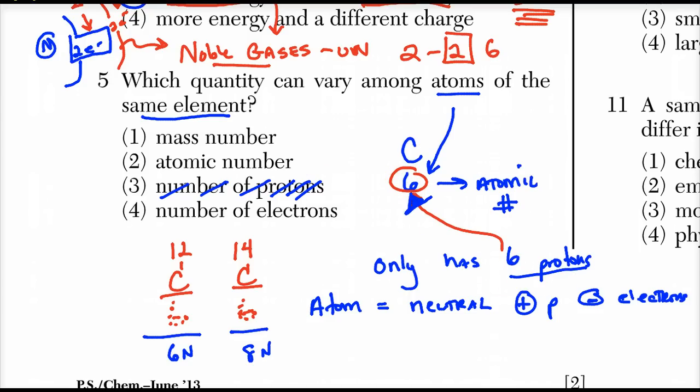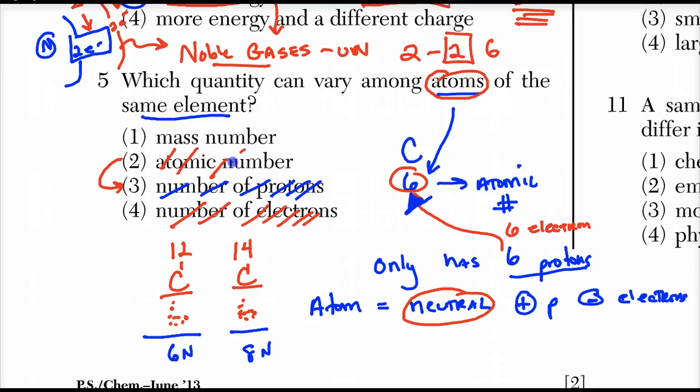However, it is also the number of electrons, because negative 6 and a positive 6 equals 0. And all atoms, once you hear that word, must be neutral. So the number of electrons is crossed off because it's not going to vary if they're atoms, if they're neutral. Atoms mean neutral. The atomic number is the same as the number of protons, so that crosses off.